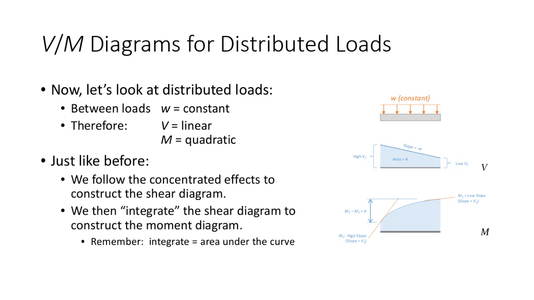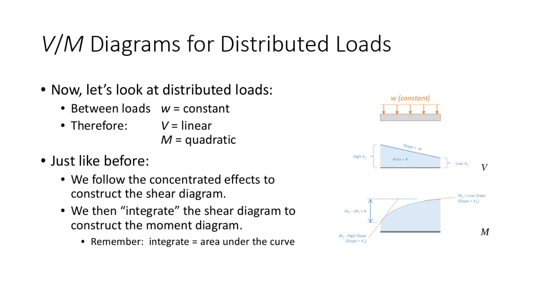Well, a distributed load ups the order by a magnitude of 1, because now instead of 0 load, you have a constant load. So if you integrate a constant, what do you get? You get a line. So the shear diagram is linear, and therefore the moment diagram is quadratic.